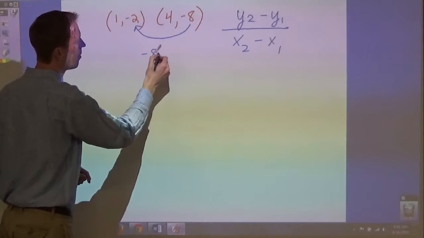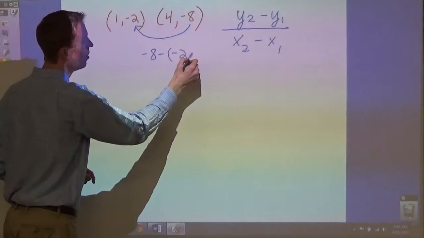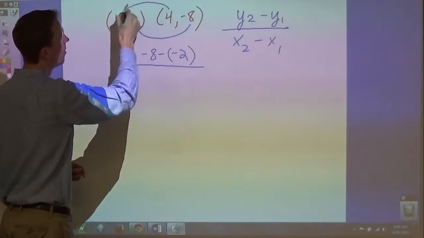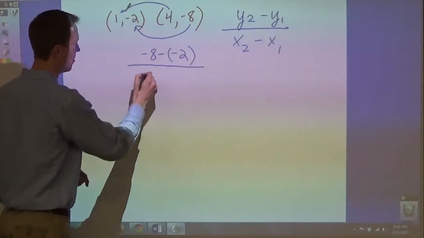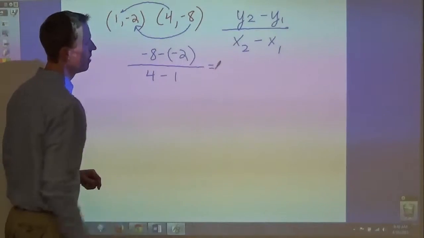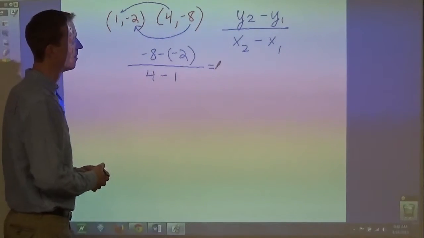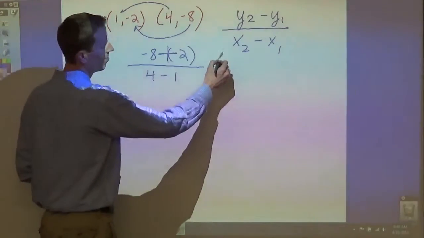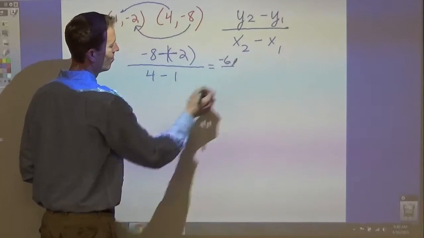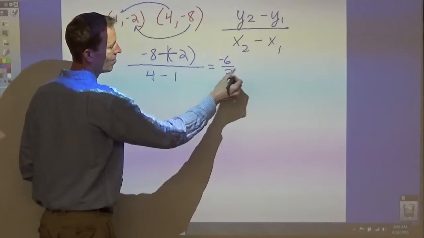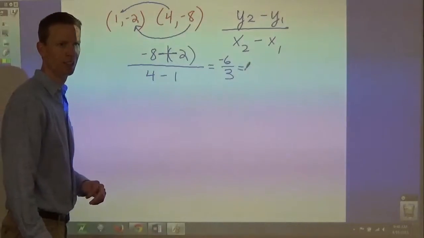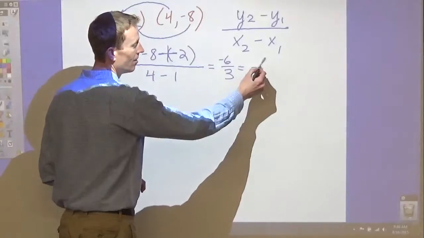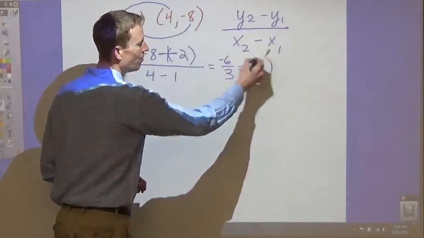So negative 8 minus negative 2 over 4 minus 1, which is negative 6 over 3, which is simplified to negative 2. Yep, good.